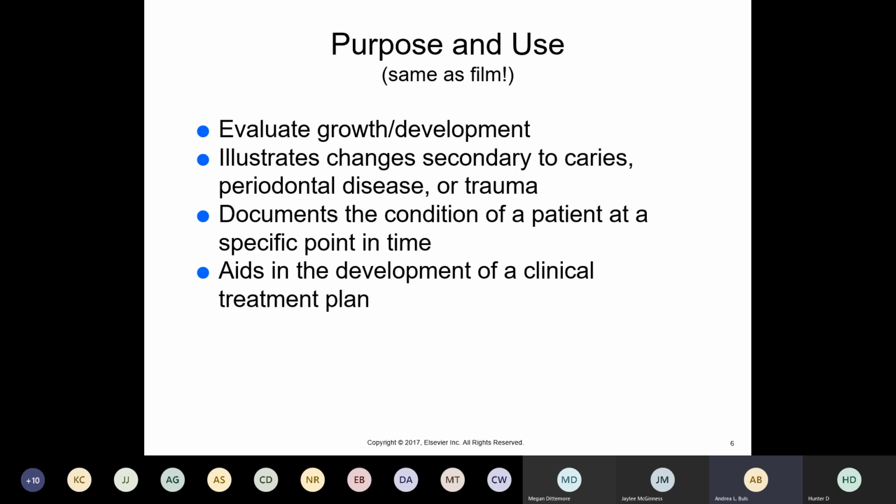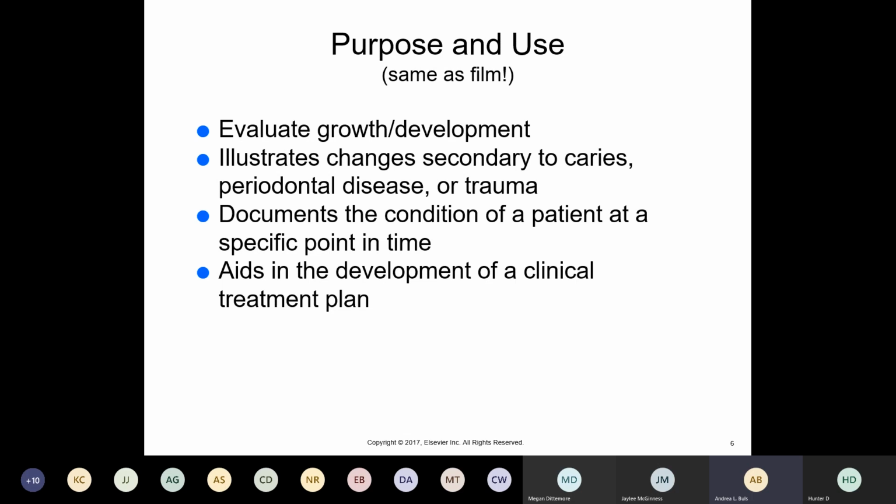So let's say you have a new patient that comes in and they had a full set of x-rays, but it's been maybe a couple of years. So we're going to get some bite wings today. We should still, if possible, reach out to their previous provider and get their previous x-rays. It's so nice to have that to compare.